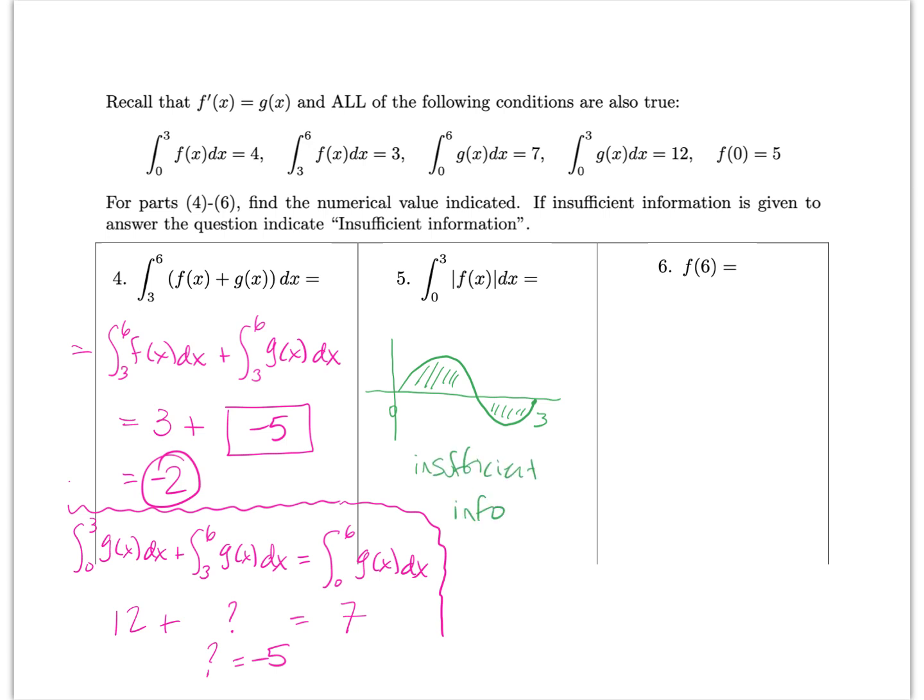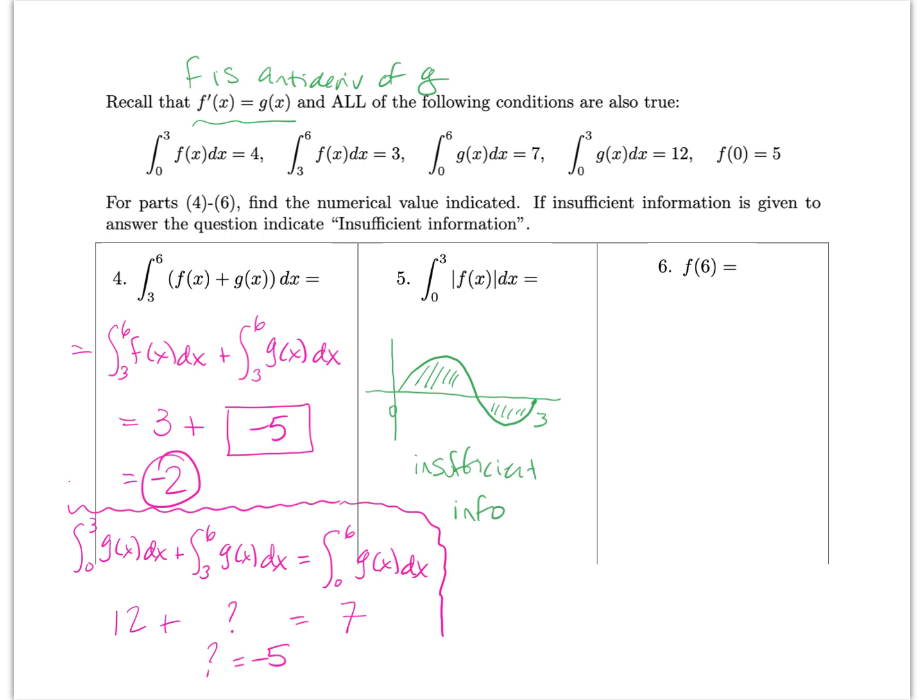And then f of 6, I'm going to use the fundamental theorem of calculus to do this. Remember, we had this statement that f prime equals g. Said a different way, f is a function whose derivative is g. That's the definition of an antiderivative. So f is the antiderivative of g.